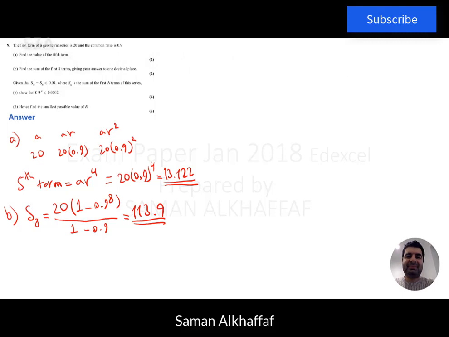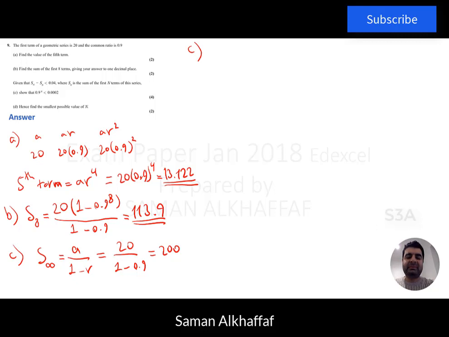We find S to the infinity, which is a over 1 take away r. So we have 20 over 1 minus 0.9, which will give us 200. Now we'll continue part C here.